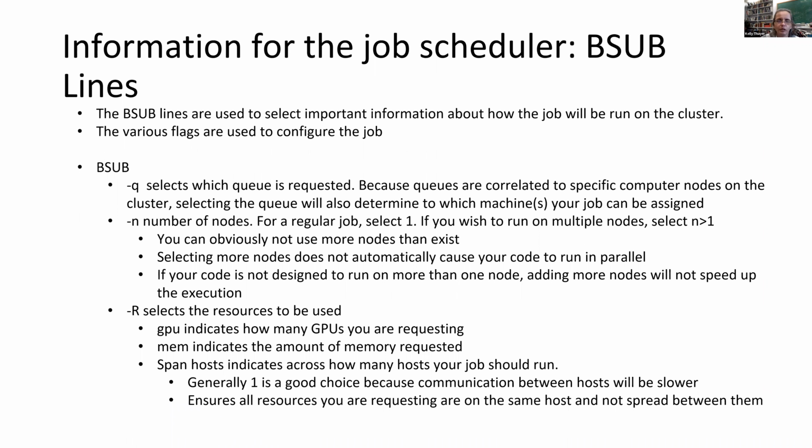Information for the job scheduler. So the job scheduler's duty is to take all the requests from all of the different users and figure out who gets to go next. And what we mean by scheduling is actually sending the job to start calculating.